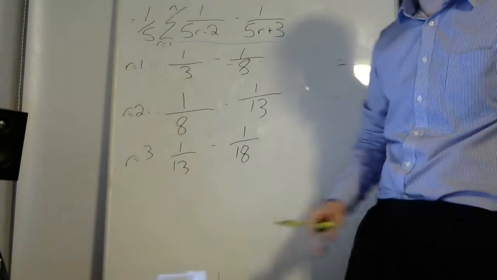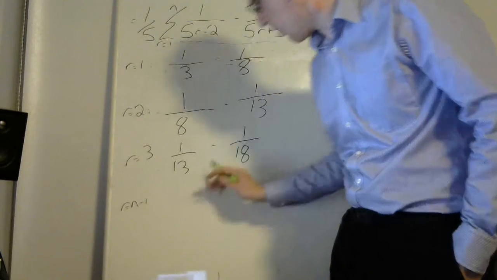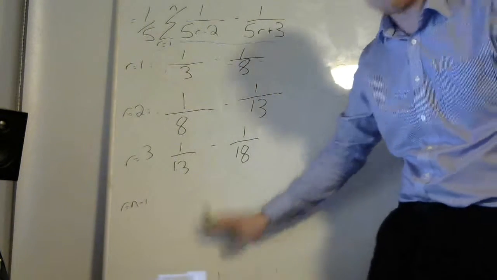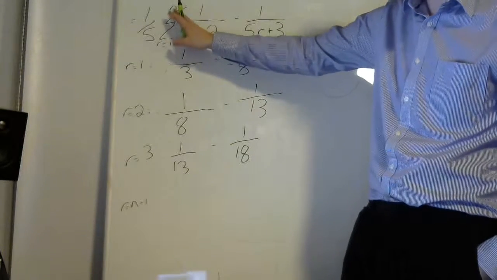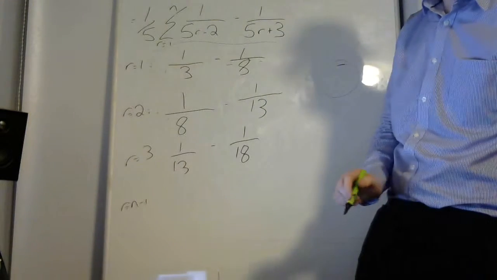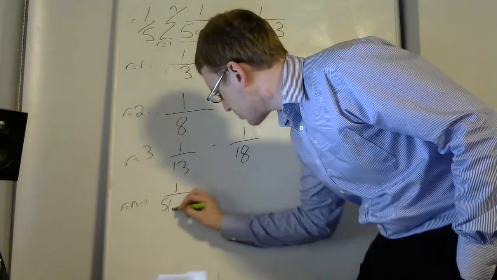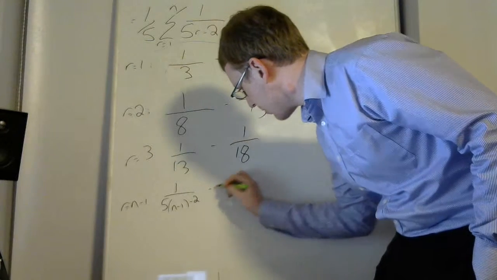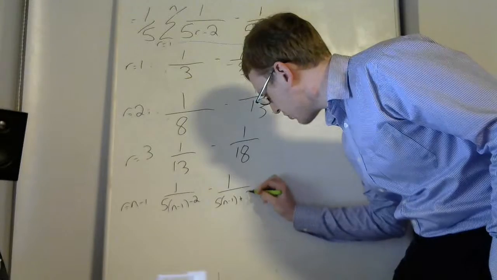Okay, so the last two terms then. I've put dot dot dot here because I've left some gaps. Just jumping now to the second to last term. n is the last term, so the second to last term would be r equals n minus 1. So that'd be 1 over 5 lots of n minus 1, take 2, minus 1 over 5 lots of n minus 1 plus 3.